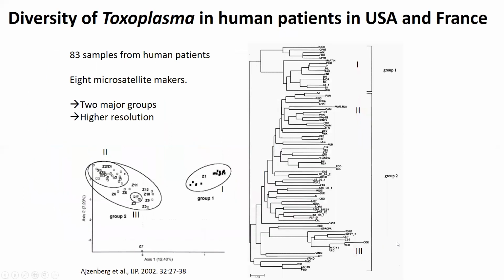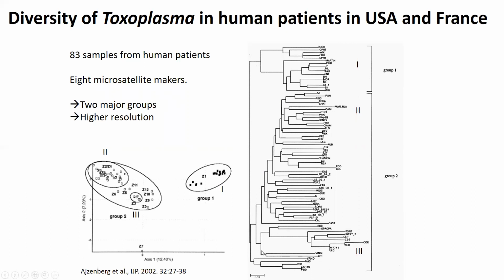So there's another paper from the same group, published earlier, in 2002. They used the same idea. They used 8 microsatellite markers and 83 samples from human patients, and they looked at their relationship.